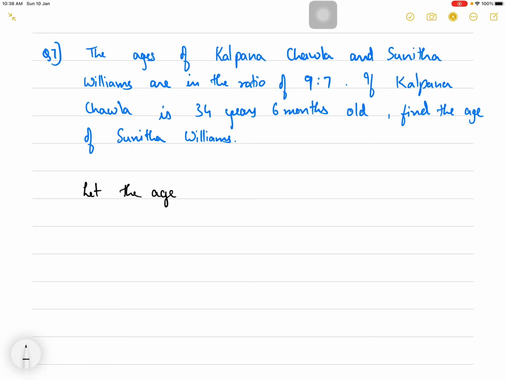Let the age of Sunita Williams be x and the age of Kalpana Chawla is 34 years and 6 months, right? So let us convert it in months.